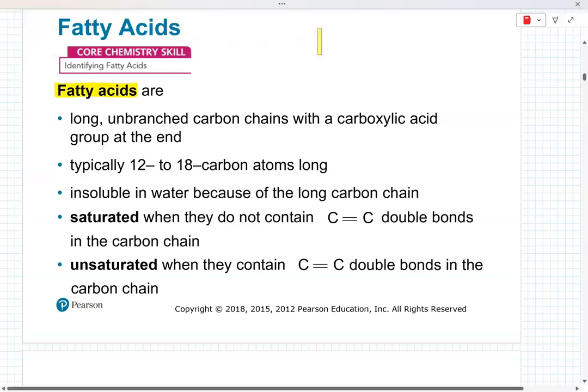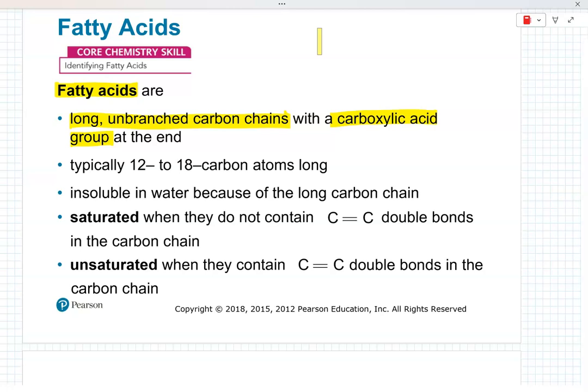So let's talk about what these fatty acids essentially are. So first of all, they have this long unbranched carbon chains. This is really important. They are not branched. Okay? At the end is the carboxylic acid group, COOH.